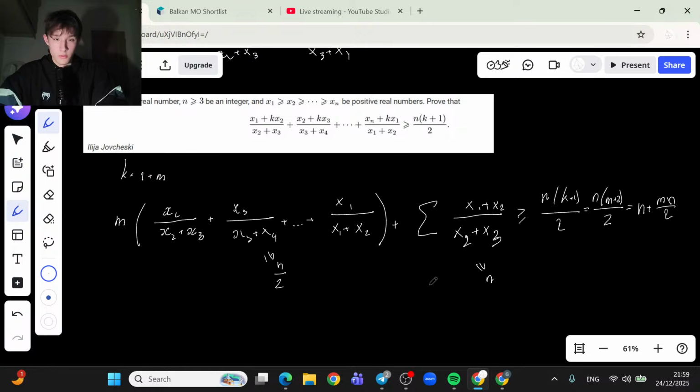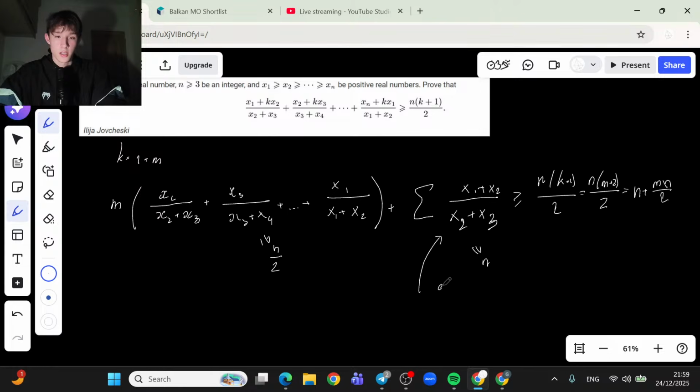So if I start with this thing, for example, this is just AMGM. So by AMGM, I know that it's a sum of A1 over A2 plus A2 over A3 plus and so on plus An over A1. And that is always greater than or equal to n just because of AMGM, right? Wait, yeah, that's correct.